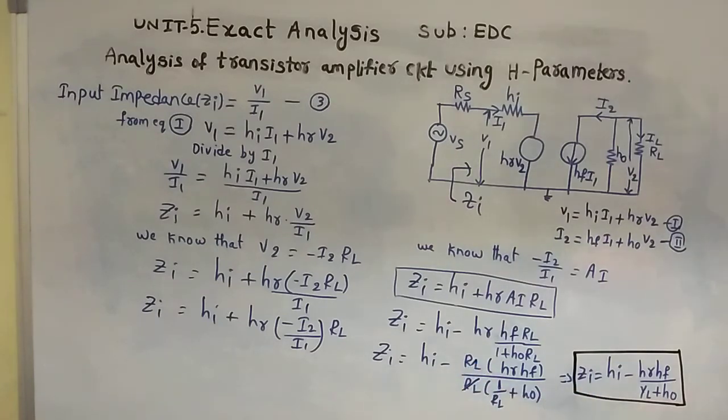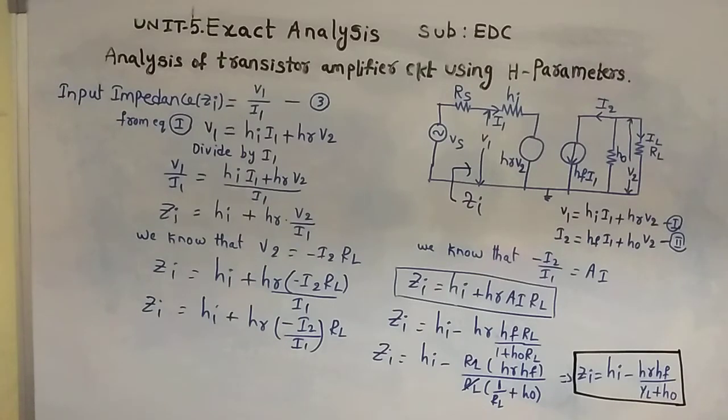Then Zi is equal to Hi minus HR HF by 1 by RL, which is nothing but YL, the admittance, plus HO. This is another formula: Zi is equal to Hi minus HR HF by YL plus HO. This is another equation for input impedance.